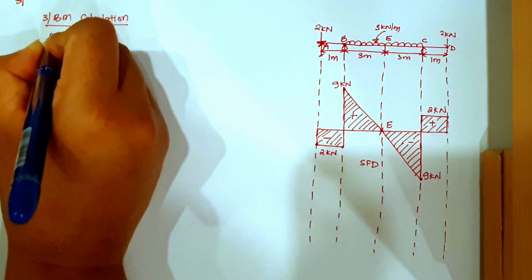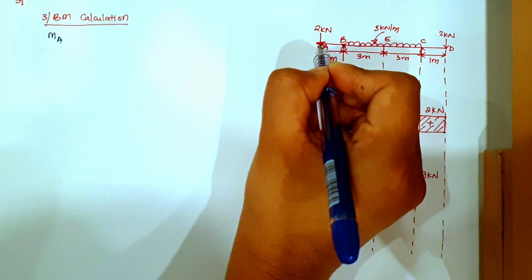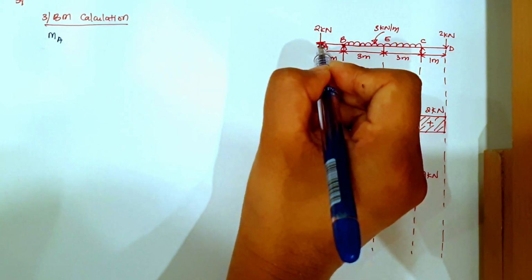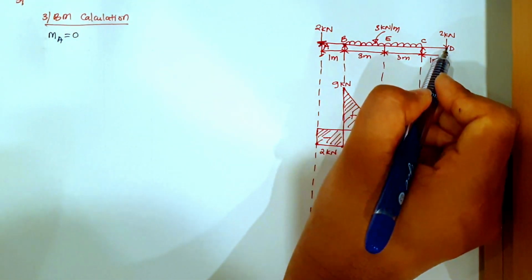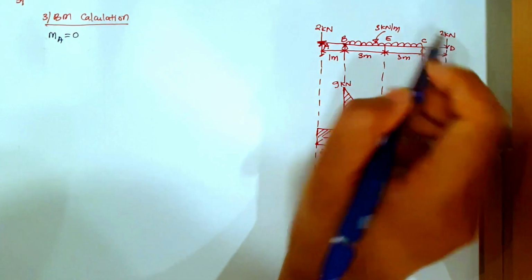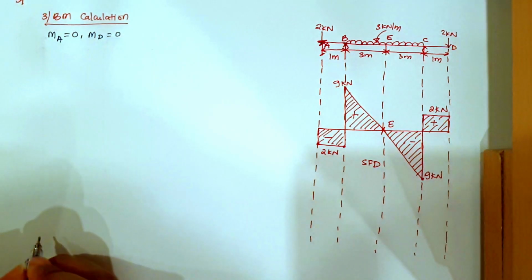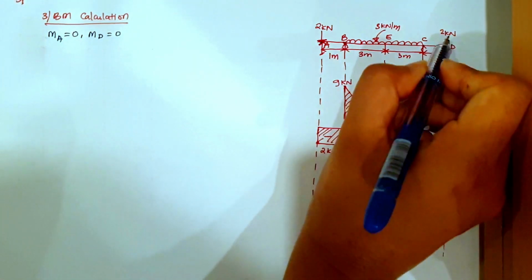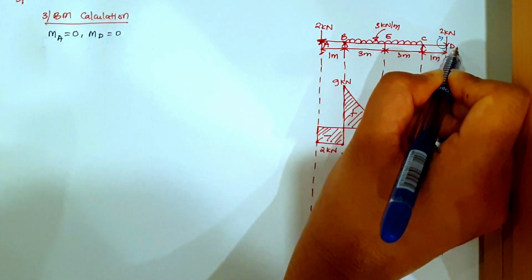So moment at A point, where there is no support, where it is a free end, will be equal to 0, and D point here is also a free point, so moment at D will also be equal to 0. Now let us find moment at C. I'm going in this direction, at the right hand side.